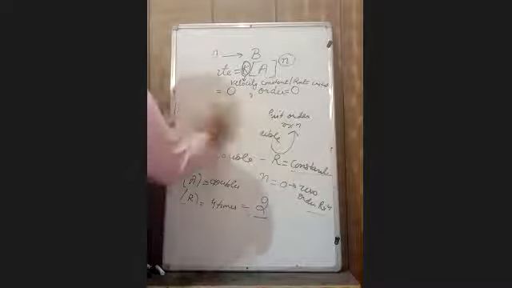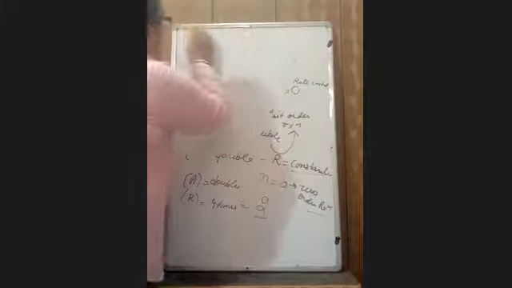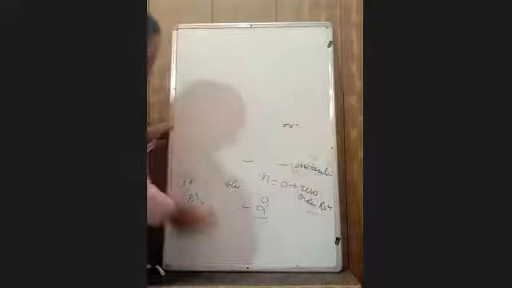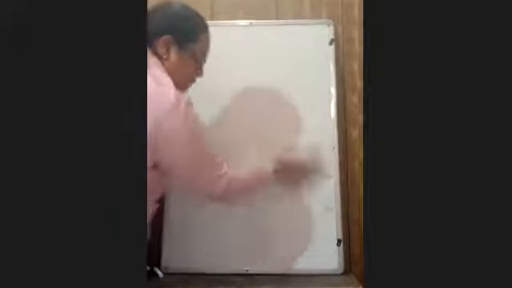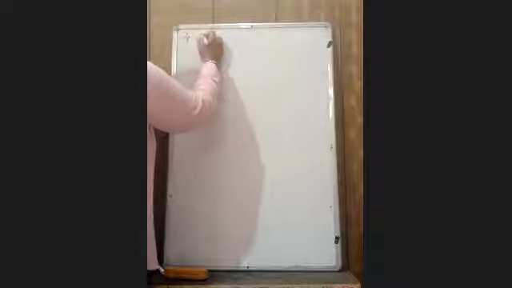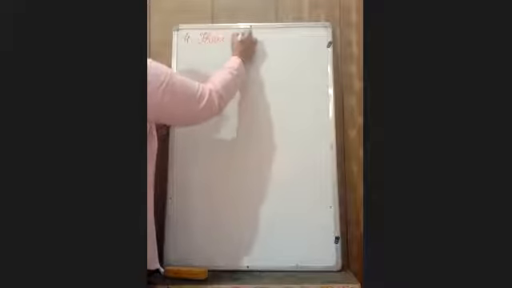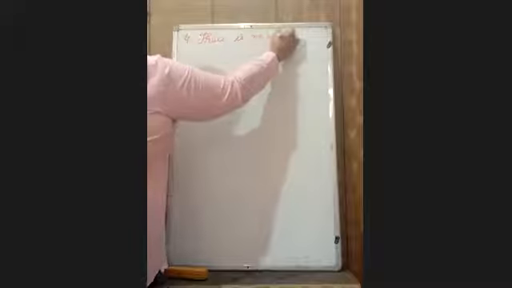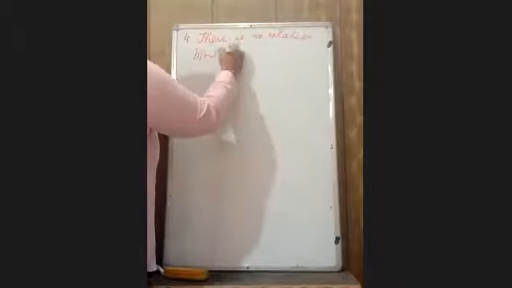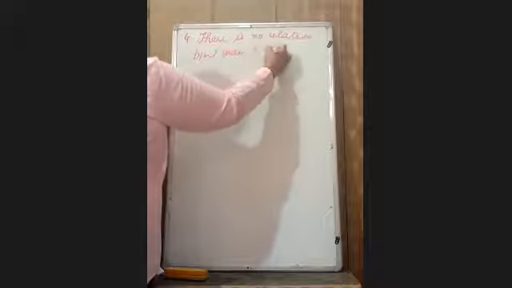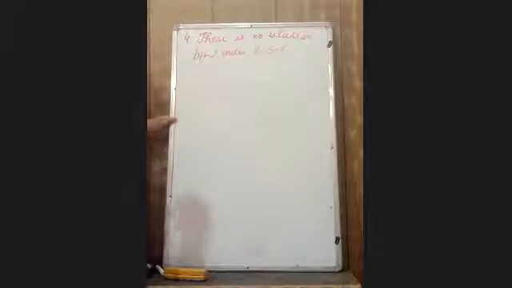Order of a reaction can be 0, can be positive, can be negative, or can be in fraction. You cannot tell the order of reaction by only seeing the balanced equation. But one thing, there is no relation between order and stoichiometric coefficients of a reaction.